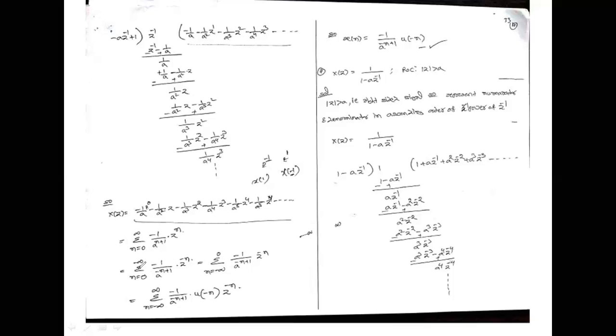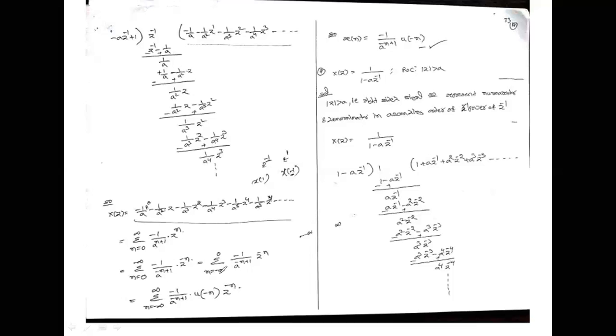Because it is a left-sided sequence, that is equal to the sum of n equal to minus infinity to 0 of minus 1 by a power minus n plus 1 z power minus n. You can observe this sequence runs from minus infinity to 0. If it were minus infinity to minus 1, the step function would be mu of minus n minus 1.